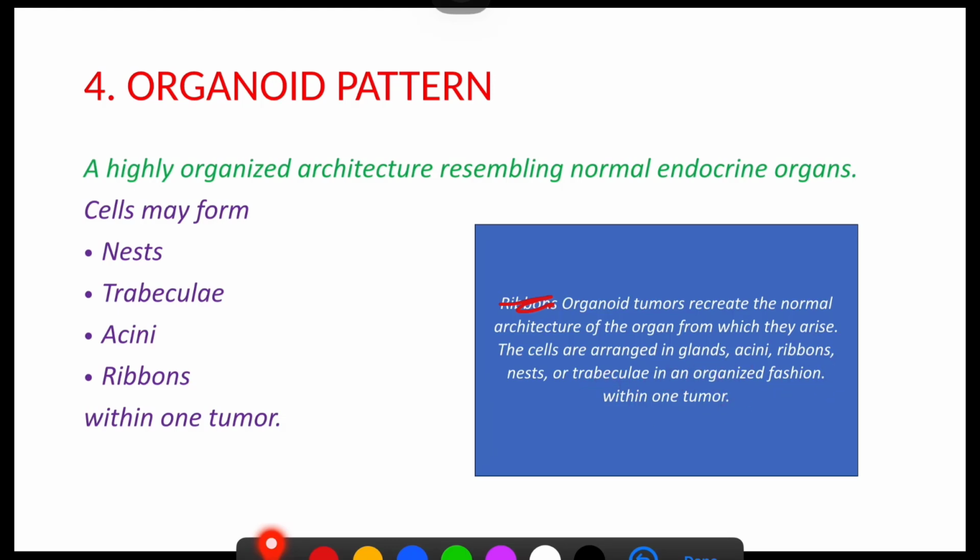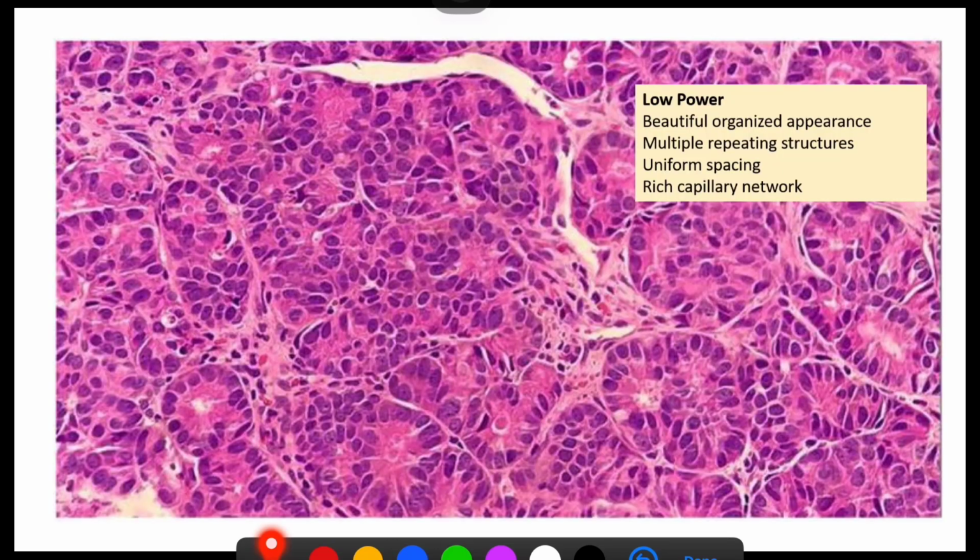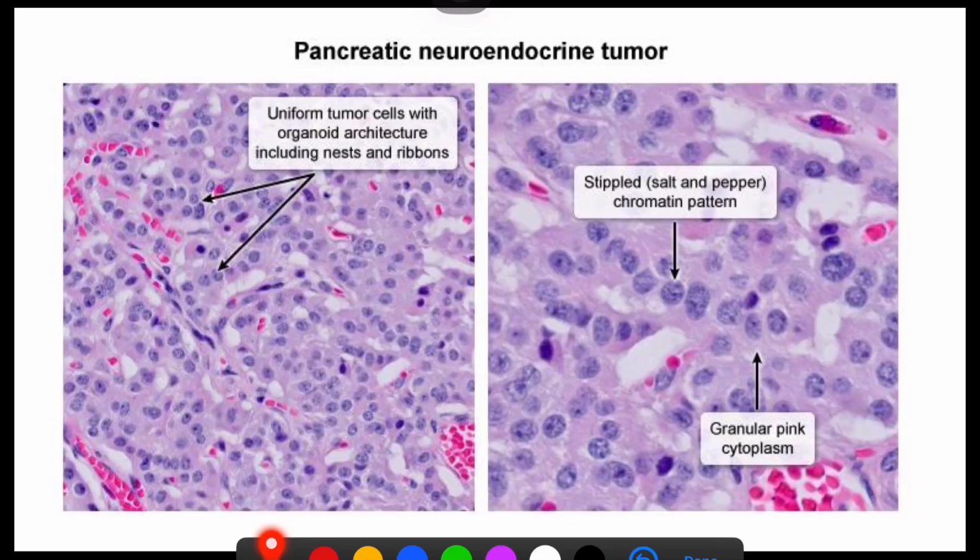So whenever you see nests, trabeculae, acini, ribbons within one tumor, it is called organoid pattern. In low power view, you can identify multiple repeating structures, uniform spacing in between, and rich capillary network in between this nesting pattern. So it is called organized appearance.